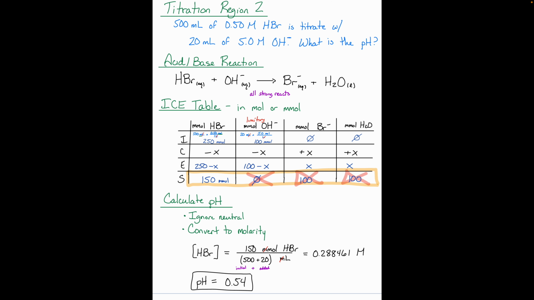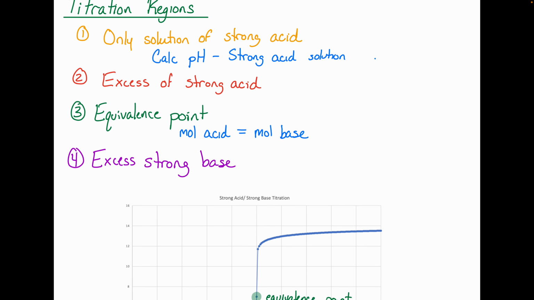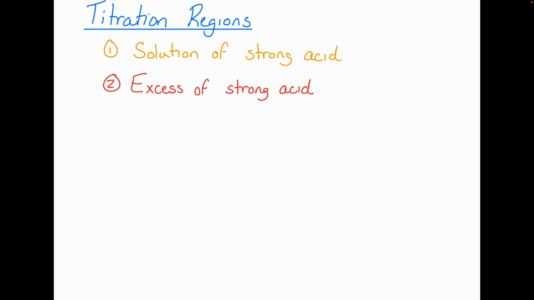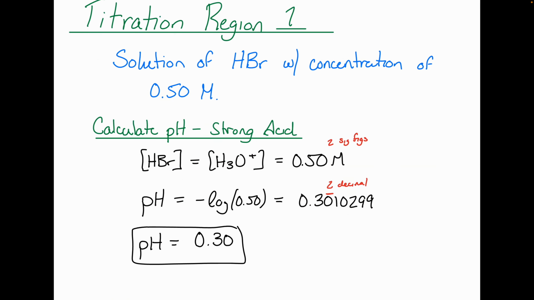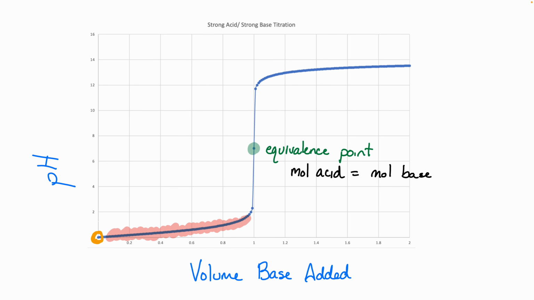I'm going to gloss over that third titration region for right now. That third titration region is our equivalence point. Whoops, where's ours? There we go. And let's instead look after our equivalence point, at this region here.